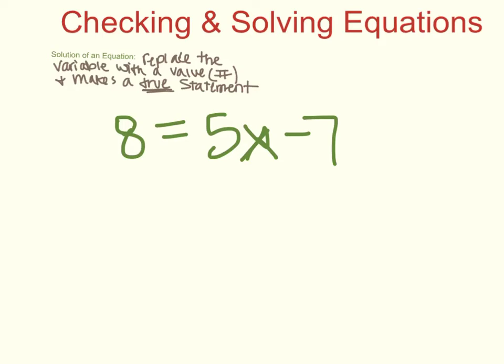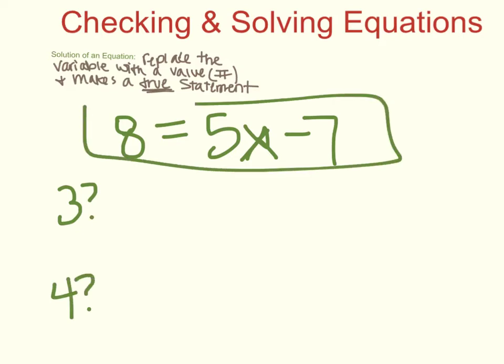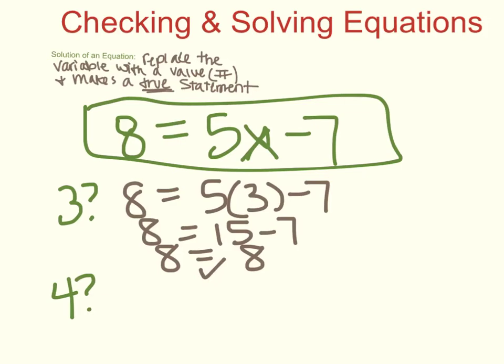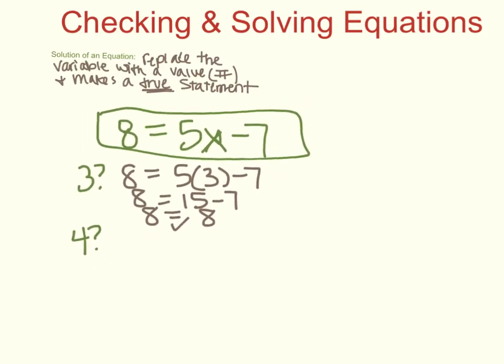In this case, I'm going to say, is 3 a solution and is 4 a solution to this problem? So what you're going to do is replace the variable with the number. So just like you evaluate, so 8 equals 5 times 3 minus 7. 5 times 3 is 15. 15 minus 7 is 8. And that does equal 8. Okay, so we know that 3 is in fact a solution.